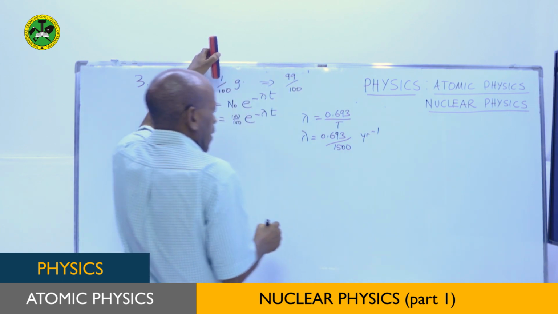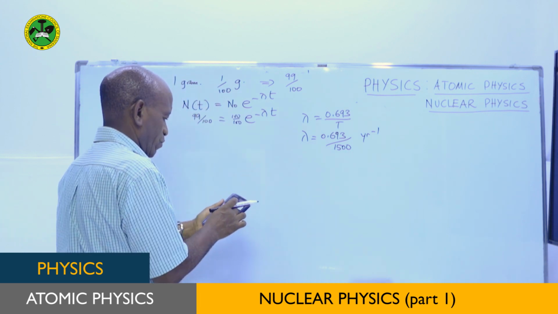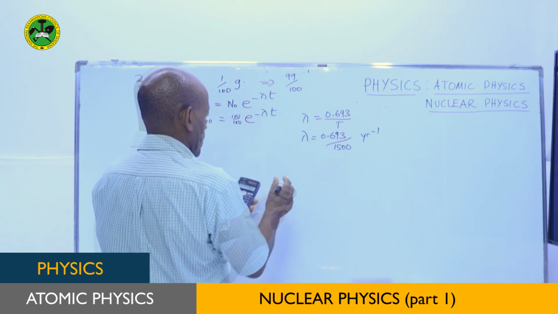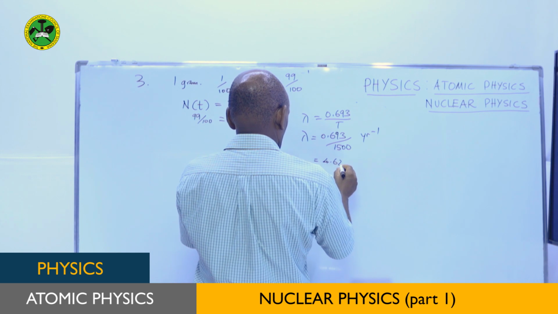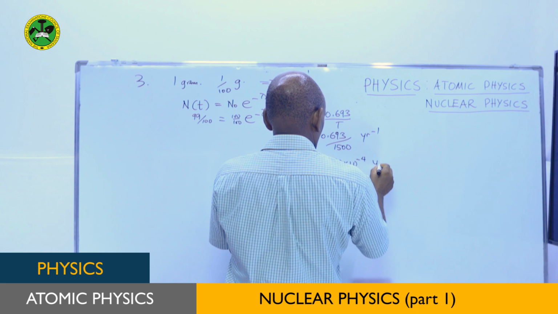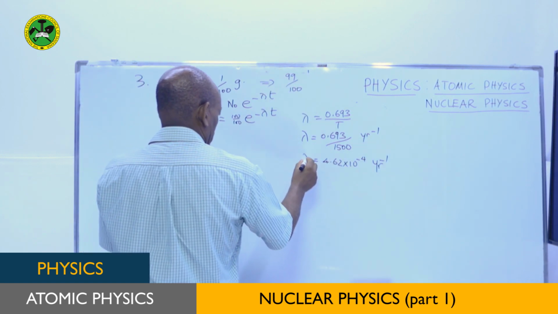And therefore, if we compute that, we can obtain the value for lambda. So the lambda there is 4.62 times 10 power negative 4 per year. That is the value for lambda.